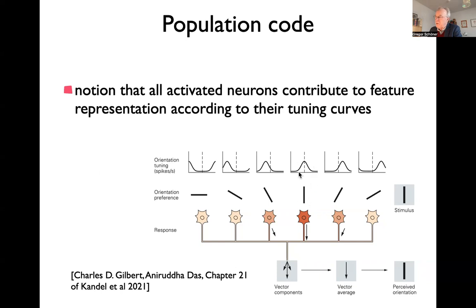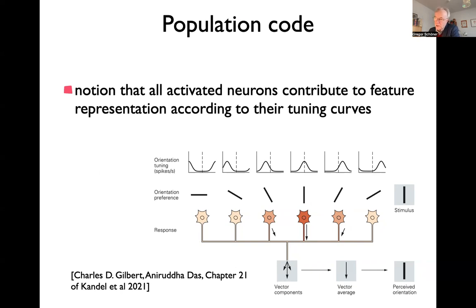So, for instance, if this is the tuning curve for orientation that represents the stimulus optimally, then this would be the most activated neuron. But of course, these tuning curves can be quite broad, so the neuron might be firing for orientations that are not optimal. The notion of population representation is that these other neurons also contribute in the form of averaging, some kind of vector averaging if it's an angle.